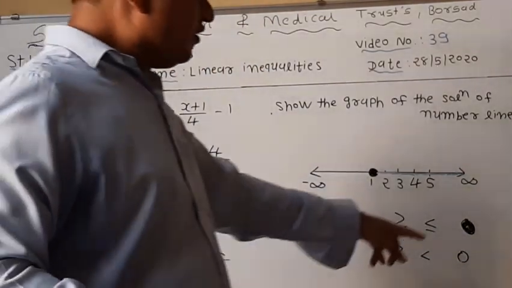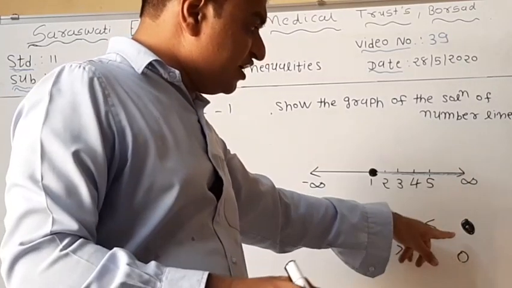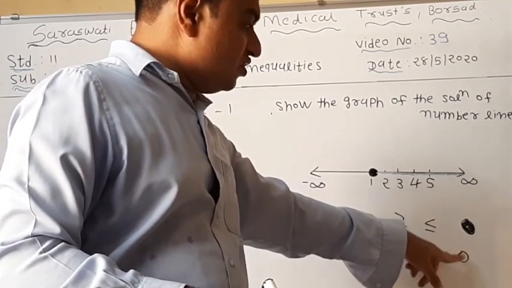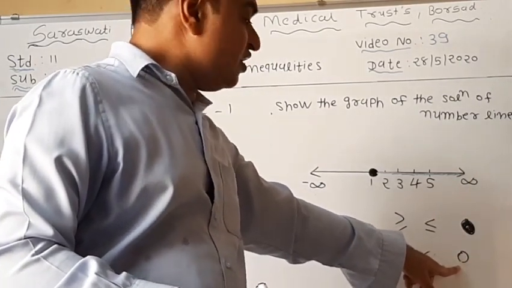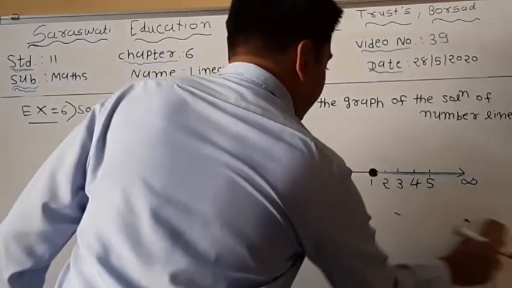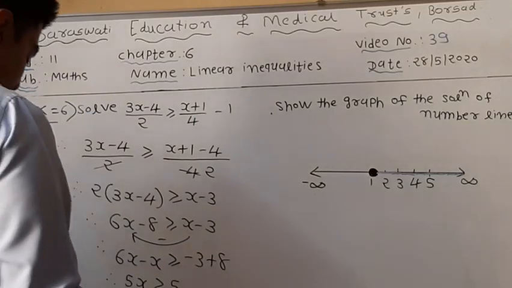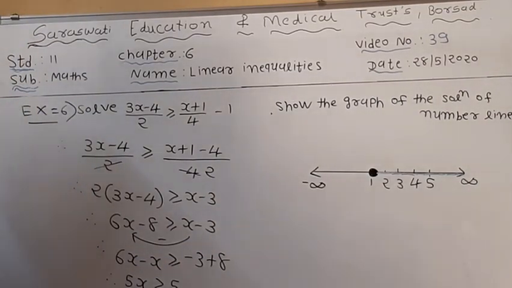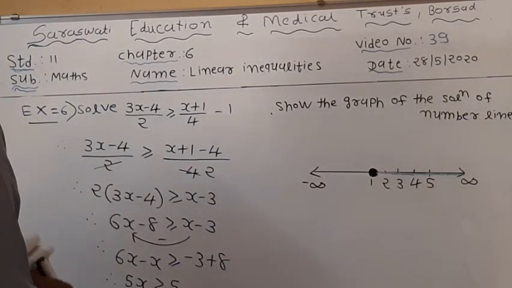This circle we can also call a dark circle, or an open circle. Okay, now next question, exercise 6.1, question number 17.